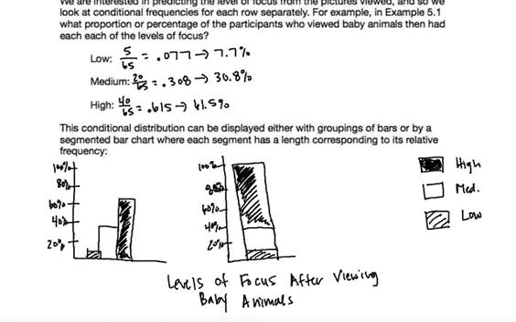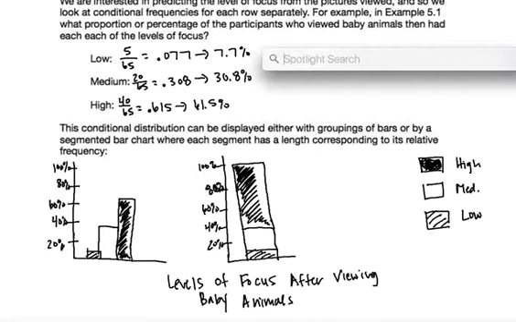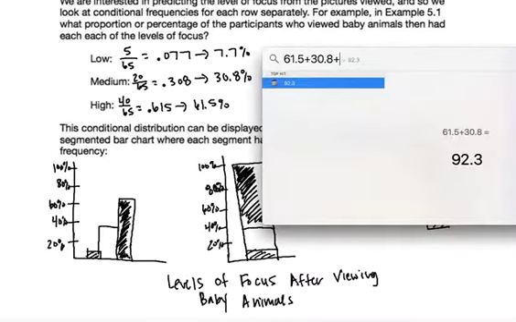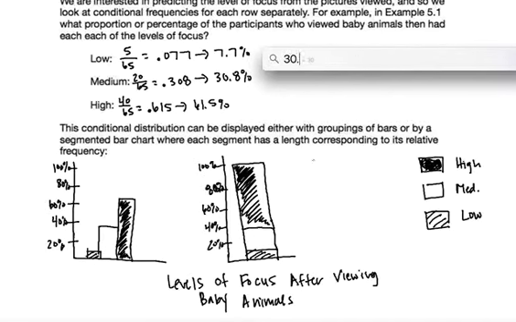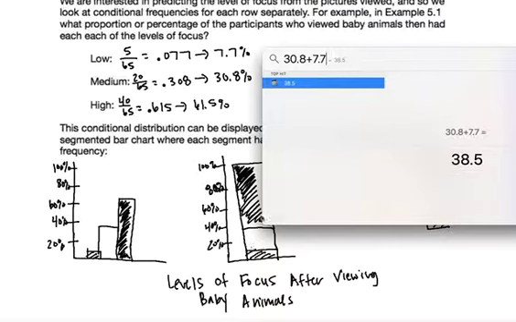That entire bar would be 61.5% plus 30.8% plus 7.7%, so you can see it gets you to 100. The height of the bottom piece and this piece would be the 30.8 plus 7.7, so 38.5.